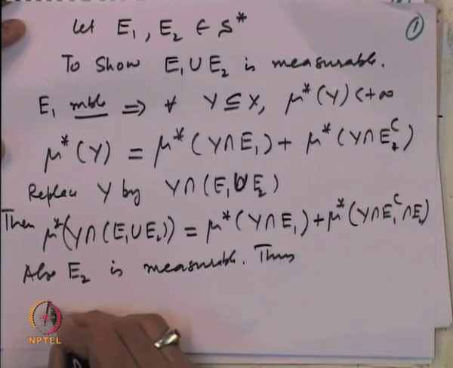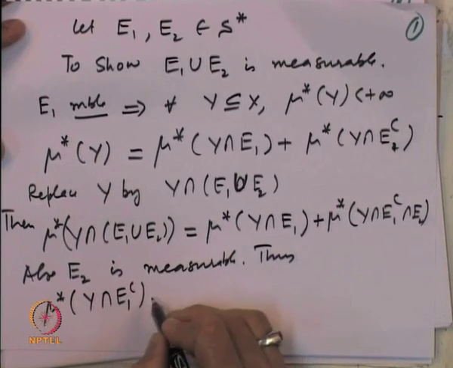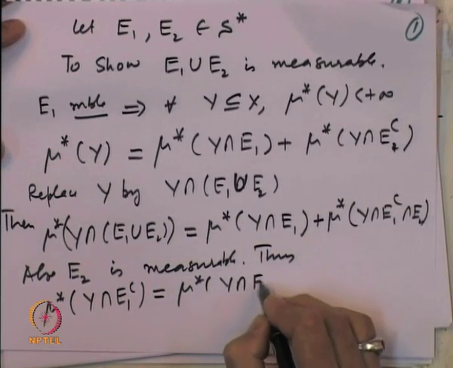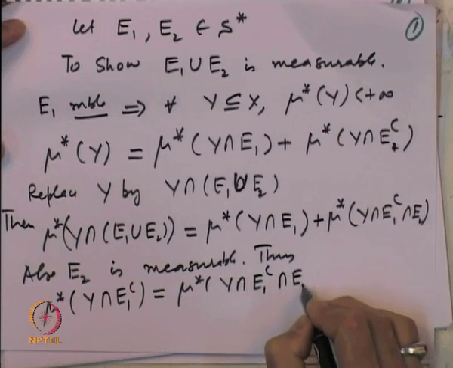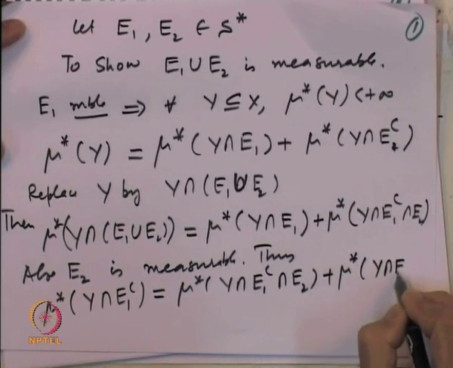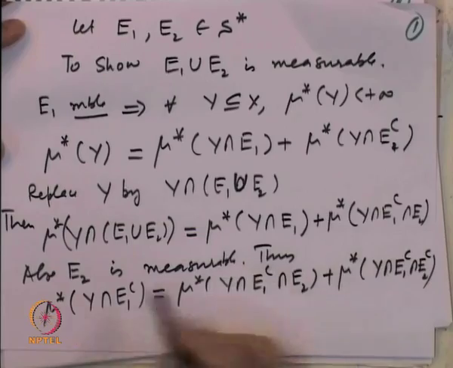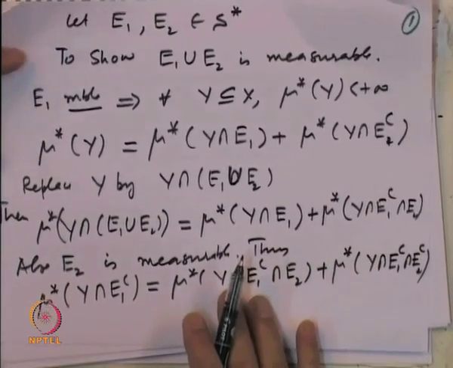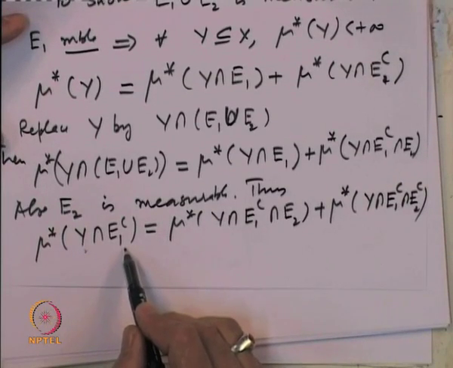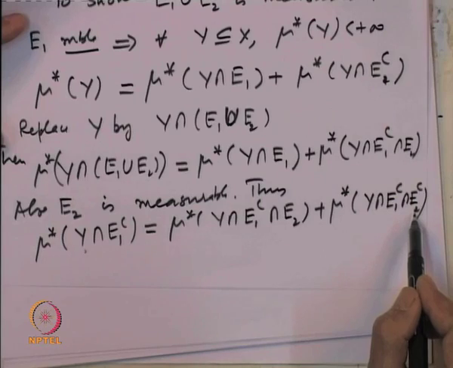So, mu star of Y intersection E 1 complement is equal to mu star of Y intersection E 1 complement intersection E 2 plus mu star of Y intersection E 1 complement intersection E 2 complement. So, using the fact that E 2 is measurable, we have written mu star of Y intersection E 1 complement as the set intersection E 2, and the set intersection E 2 complement.